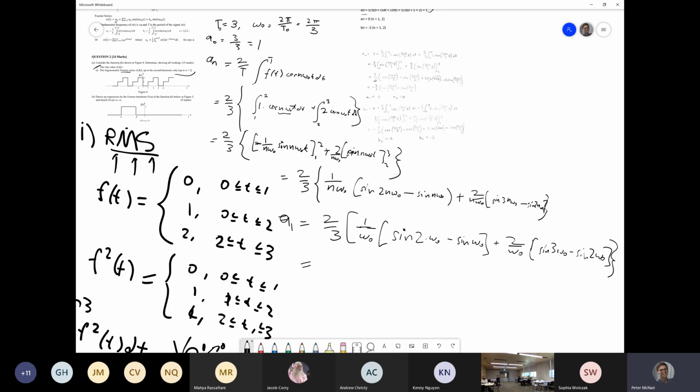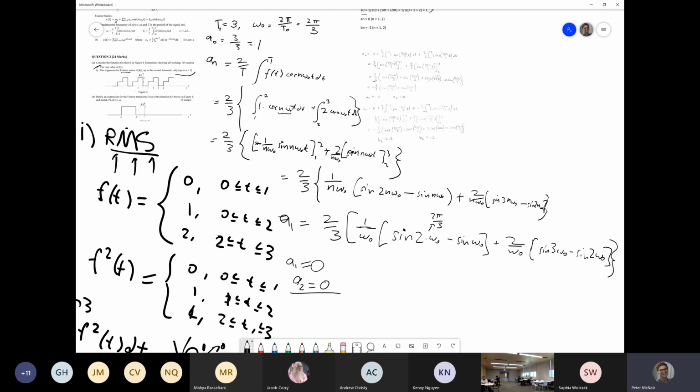So when we follow through this working, that's going to be 2 pi on 3. Yeah, feel free to go through these questions as well. But we should be able to find that A1 comes out as 0, and then same for our A2 value.